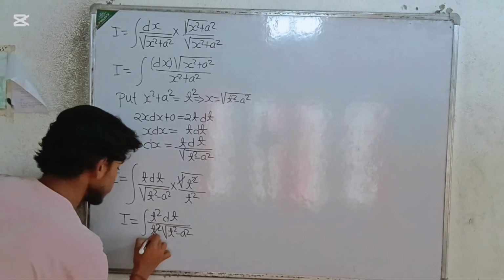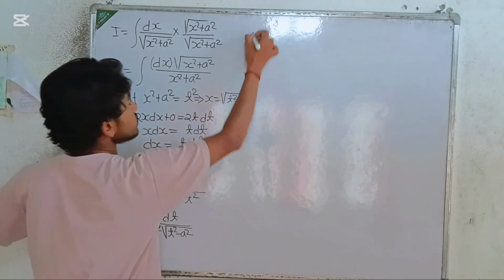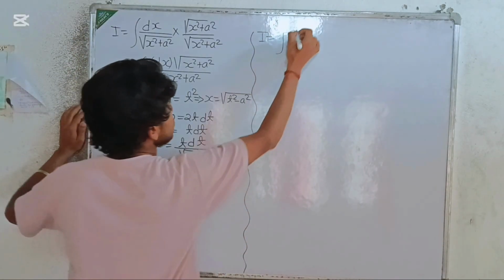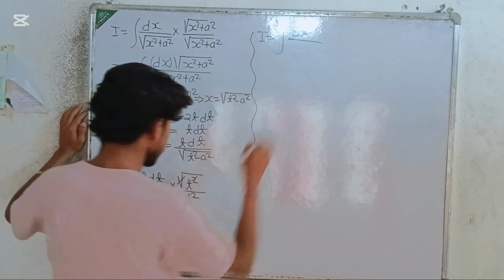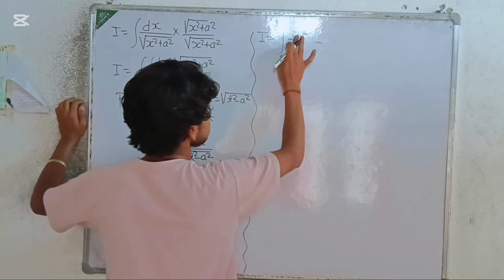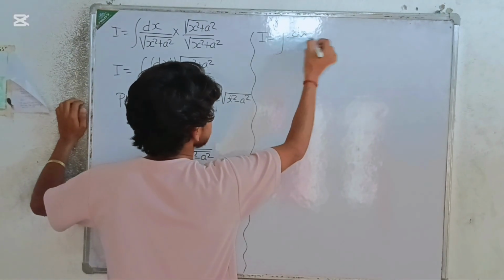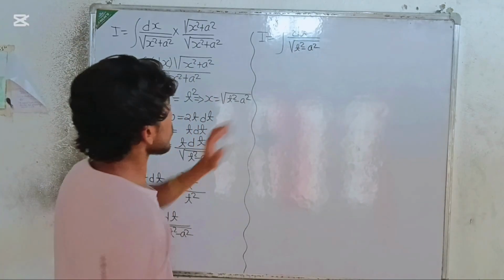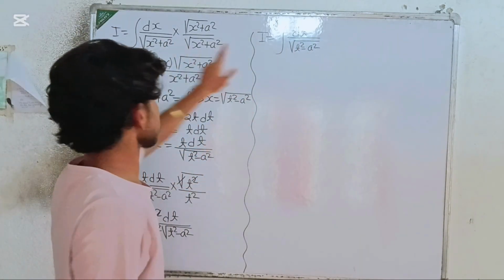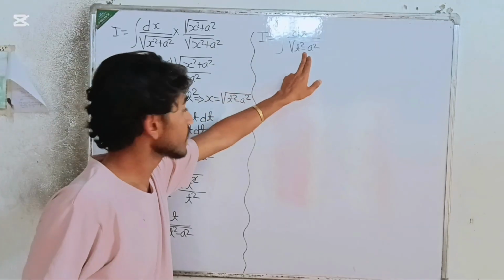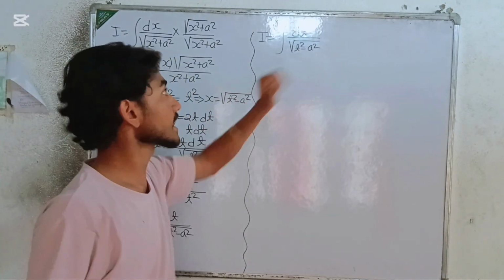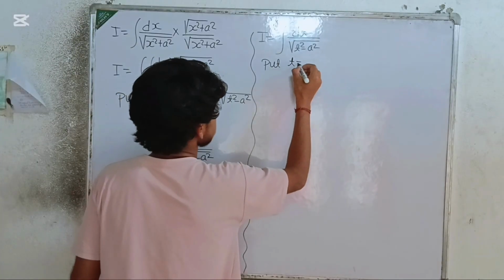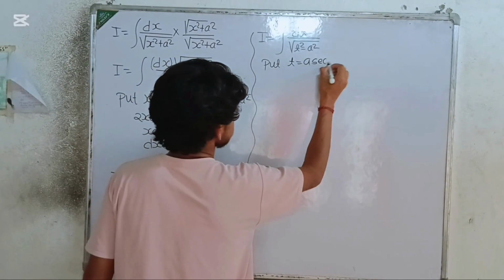So this is going to cancel out, and we got I is the integral of dt over the square root of t squared minus a squared. Once it has come, because the sign has changed and the variable has changed, I can make a good substitution here of sec theta. So put t equals a sec theta.